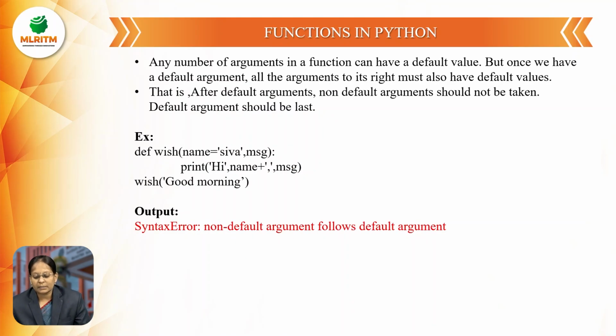Any number of arguments in a function can have a default value. But once we have a default argument, all the arguments to its right must have default values. That is, after default arguments, non-default arguments should not be taken. Default arguments should be last.